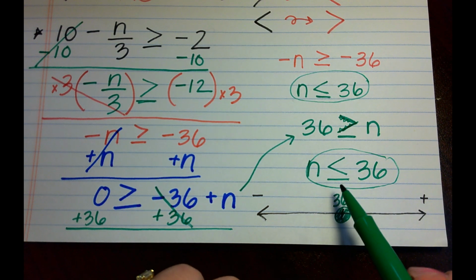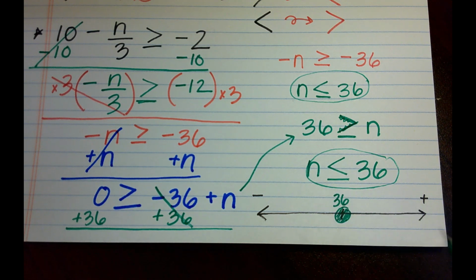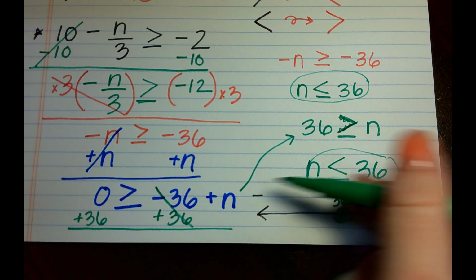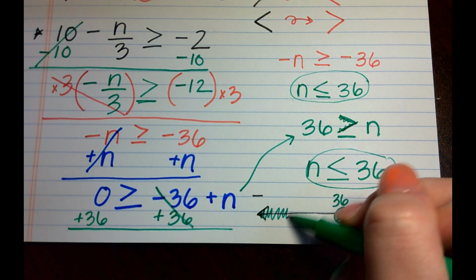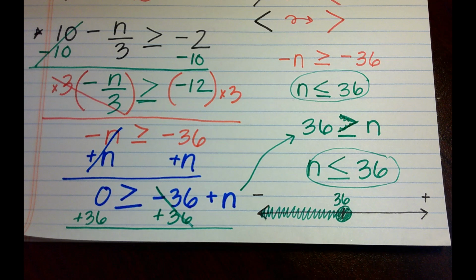Now it's not just less than, it's less than or equal. So 36 is a possible answer. So we're going to color it. In what direction? Straight to the left. Good. Anything the alligator eats is going to be to the left. Good stuff. All right.